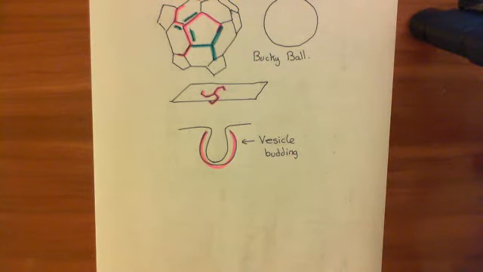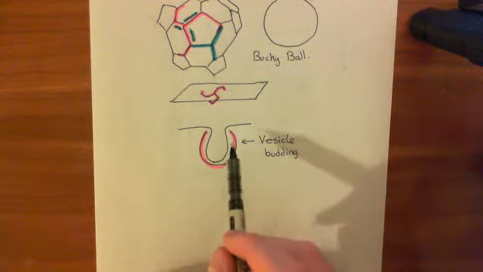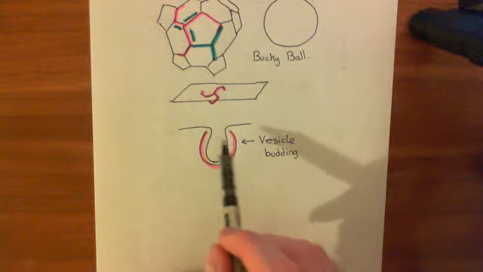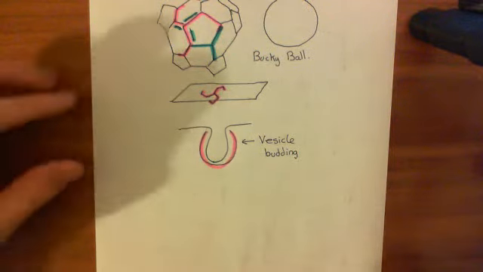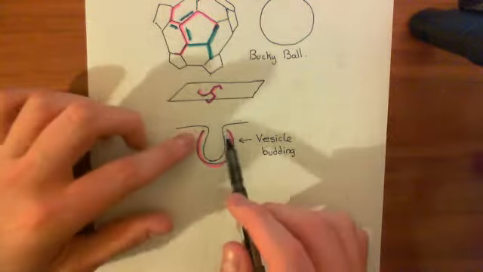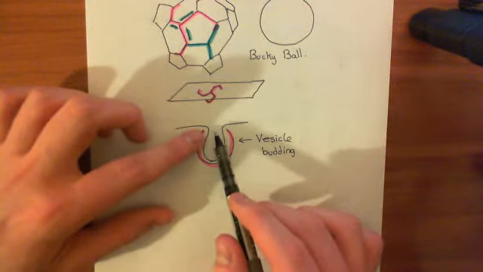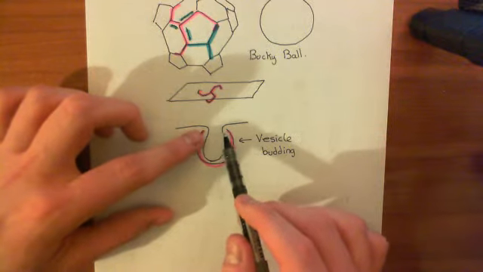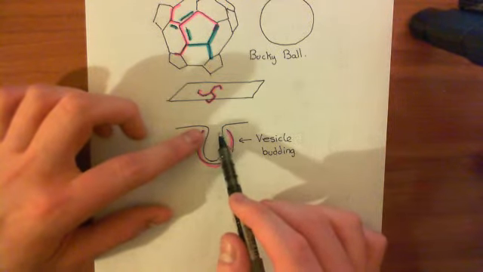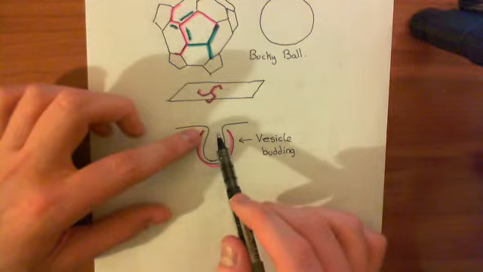Now, we've discussed that the clathrin buckyball formation, this polymerization of the clathrin, cannot completely form a buckyball and just pinch off the membrane itself, because the clathrin polymerization just doesn't have the energy needed to pinch the membrane and split it in two.